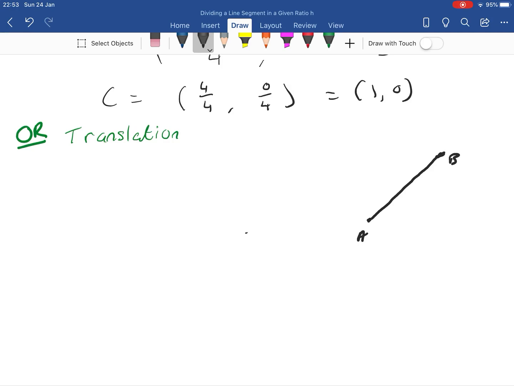This is your point A, this is your point B, and your point C is somewhere here. And it's broken up into the ratio 3:1. So if we try and make that into a fraction, if you remember this bit of revision from junior cert, you used to add the 2 and put them into fraction format. So 3/4 is to 1/4.